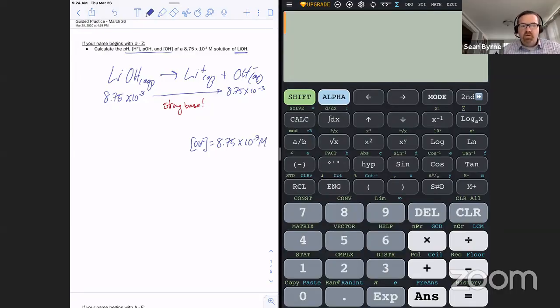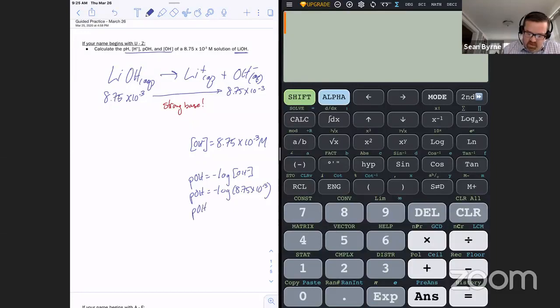I'm going to try to be really careful with my units here and make sure that I include units everywhere where it's appropriate. In this problem, I'm going to jump ahead to the pOH just to show that we can do this in a different order. So the negative log of the hydroxide ion concentration. Our pOH is equal to the negative log of 8.75 times 10 to the minus third.